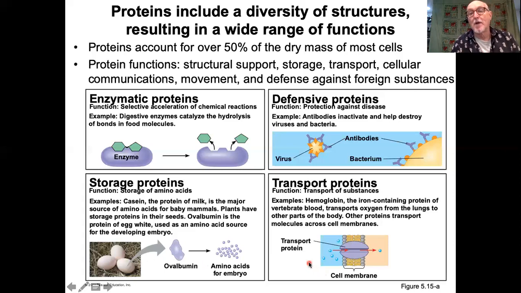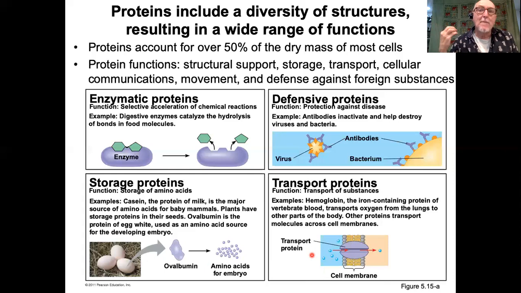Next, all of the functions of transport at the membrane and also within the cell are the responsibility of proteins. For example, hemoglobin is the protein which is present in blood cells, and it transports oxygen around the body. That's just one.